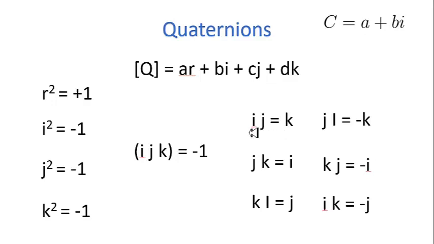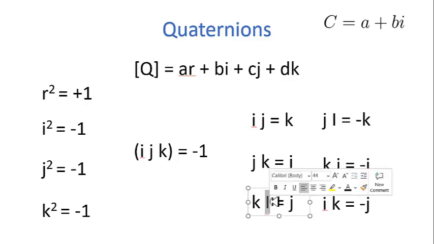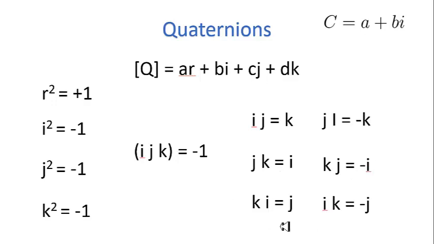So the identity matrix i times the identity matrix j has to equal the identity matrix k, and the identity matrix j times the identity matrix k has to equal the identity matrix i, and the identity matrix k times the identity matrix i is supposed to equal the identity matrix j.